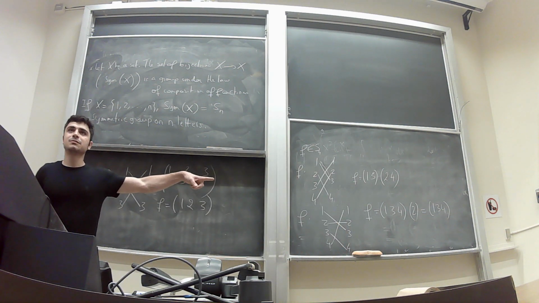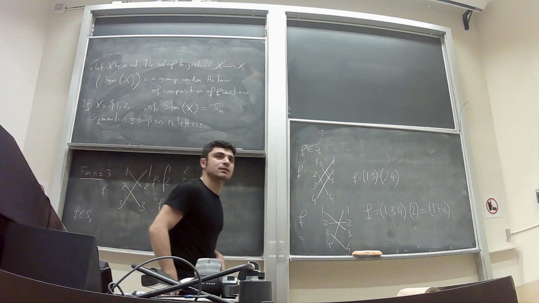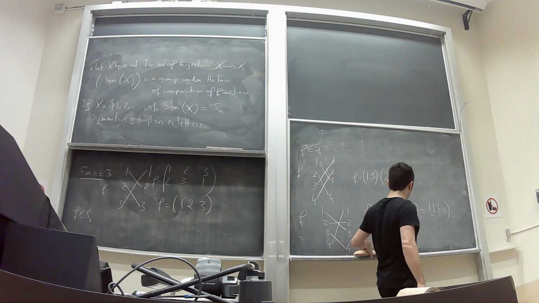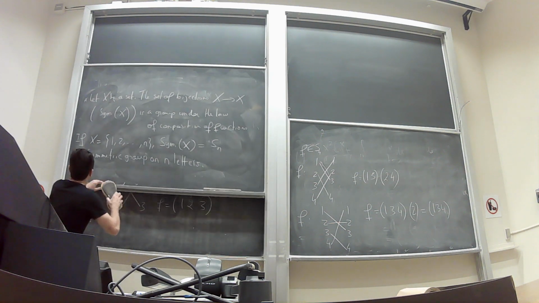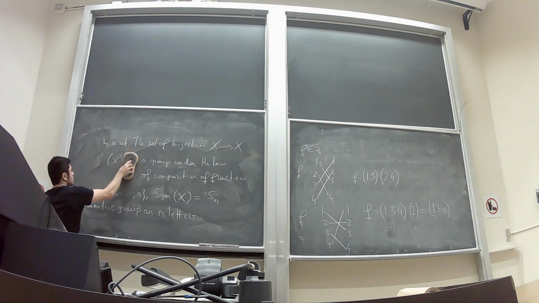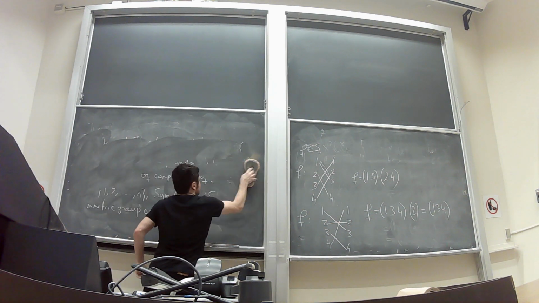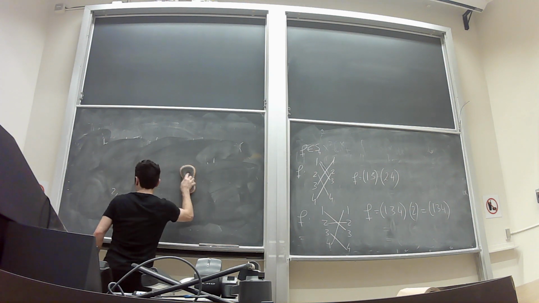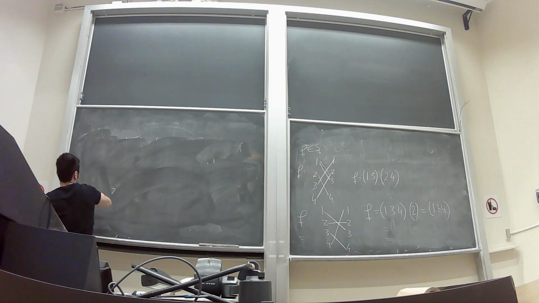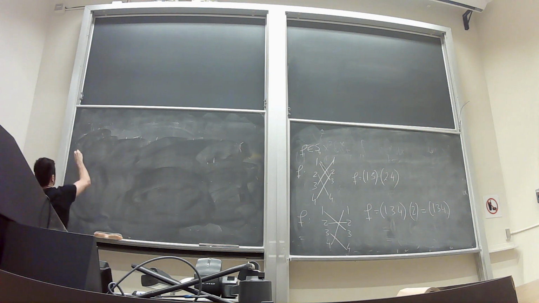This is much better than the other notation. Now, why is it better than the other notation? Well, there's a reason: I can compose functions nicely. So let's work with n equal to 3.